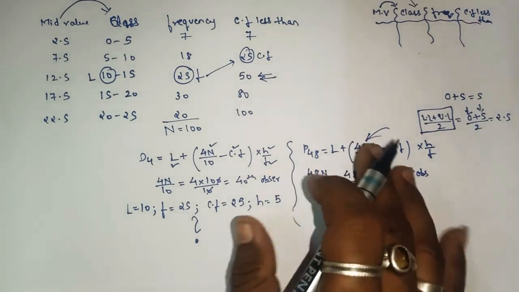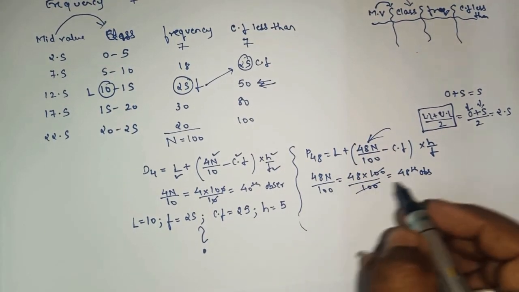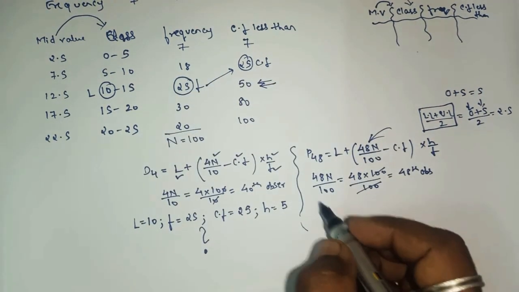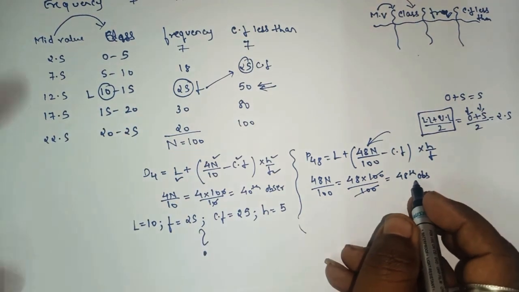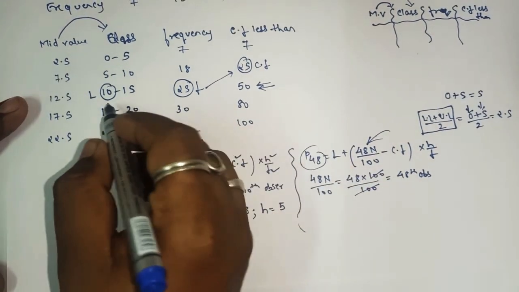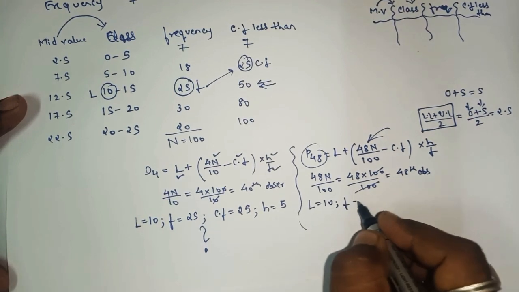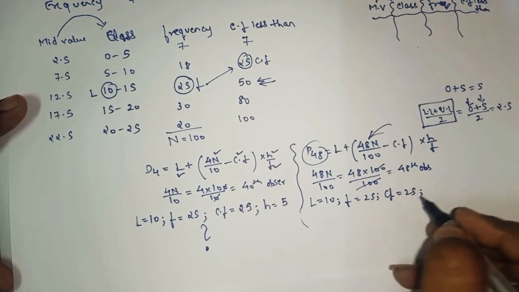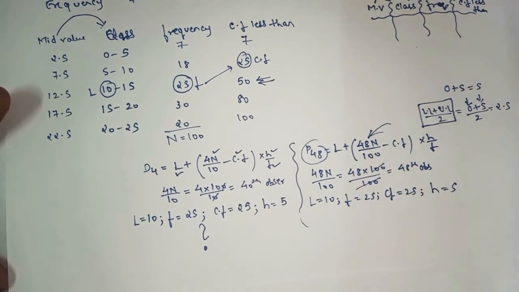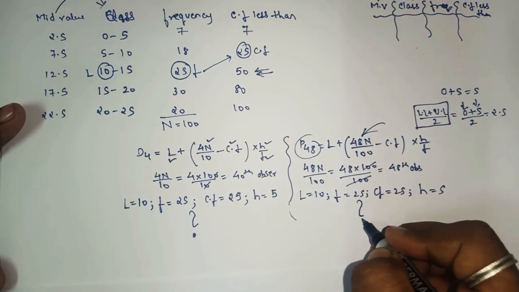Now 48 upon 100, 48th observation. From this also we got that our 48th number lies, that means the P48 lies, between the class 10 to 15. So the value of L will be 10, F will be 25, CF will be the same 25, and H will be 5. And the remaining part I guess you can try by yourself.